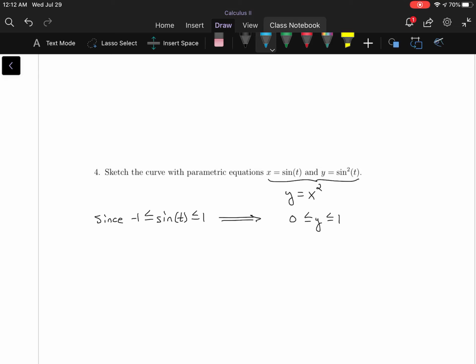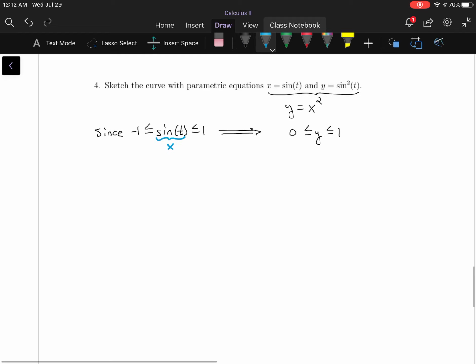And this, our first term, that's x. So x ranges from -1 to 1, and y ranges from 0 to 1. So it's good to be aware of that. So that is going to actually confine our parabola. It is not going to infinity in the y direction.